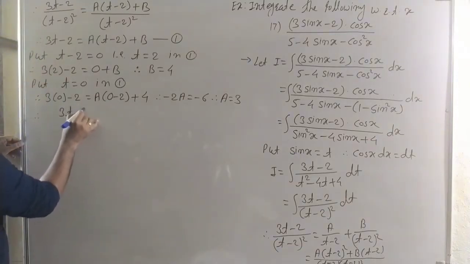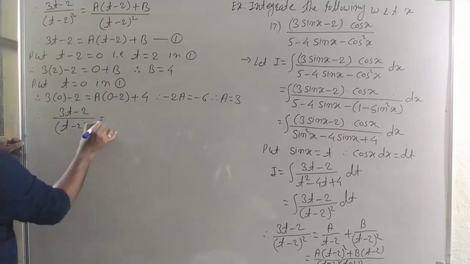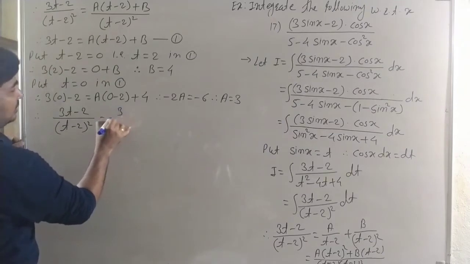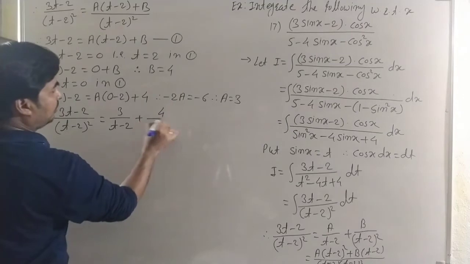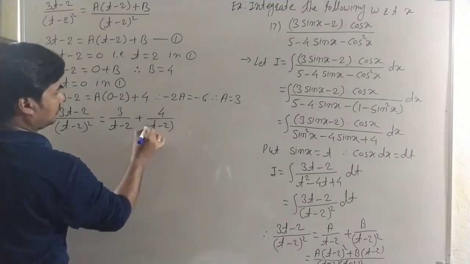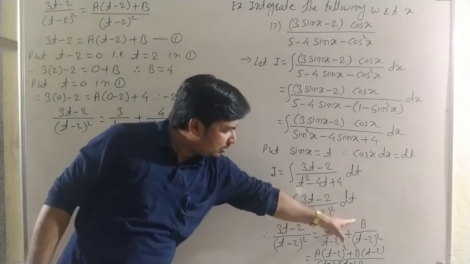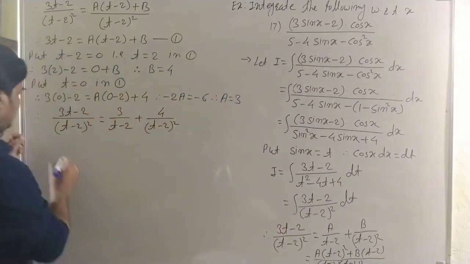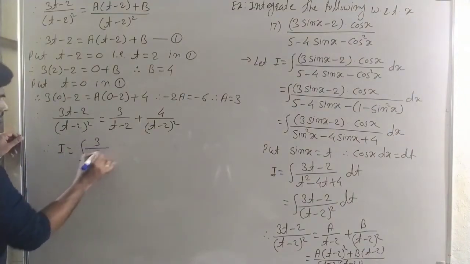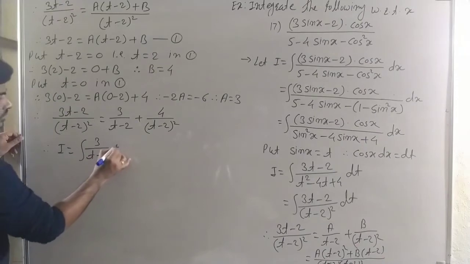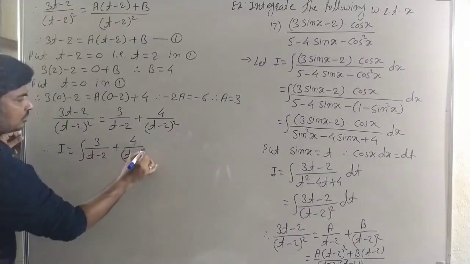Therefore (3t minus 2) upon (t minus 2) whole square is equal to a upon t minus 2 plus b upon t minus 2 whole square, that is 3 upon t minus 2 plus 4 upon (t minus 2) whole square.